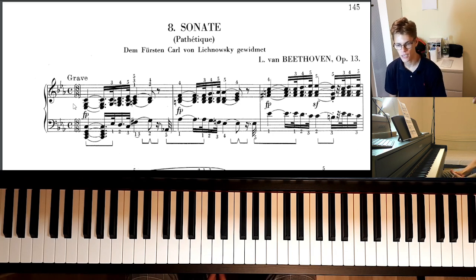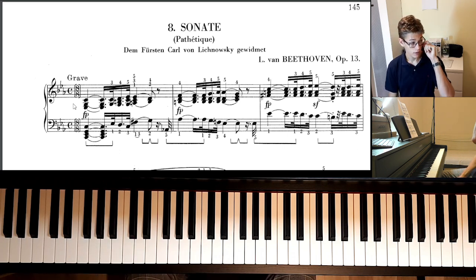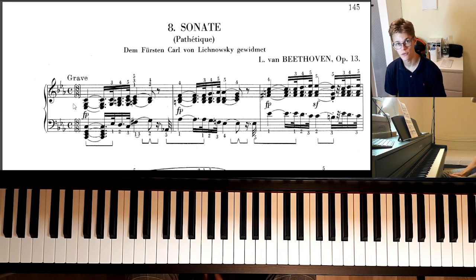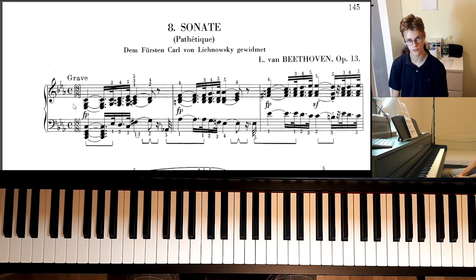The next thing is to see what is the most difficult fragment, and probably what is the fastest fragment in the piece. Sometimes the fastest does not mean the hardest, but often it does.